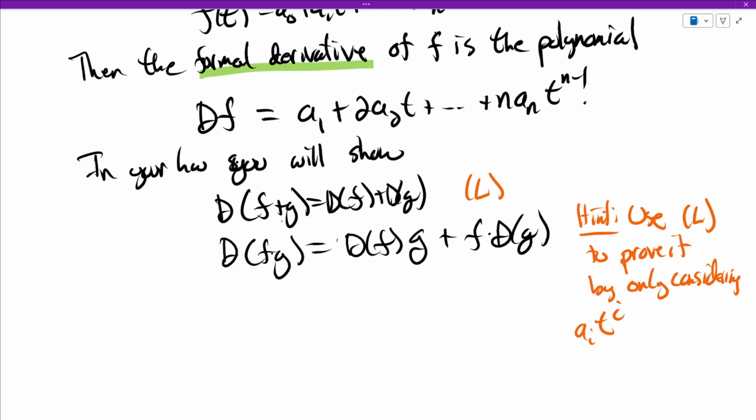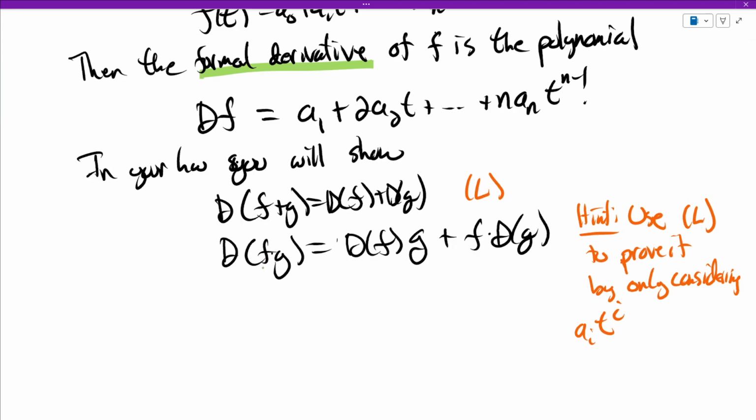Basically, the linearity condition is going to tell you that if you have a polynomial, you can just take the derivative of each of the monomials involved and then add those together. And this formula is also well behaved under addition as well. So if f was a sum, then the formula would break down as a sum.